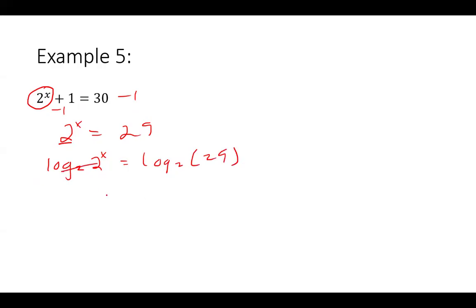We set our power free, and we get our exact answer is x equals log base 2 of 29. That's our exact. Okay? We're going to plug in to find our approximate. So I'm going to go to my homegirl Sylvie.